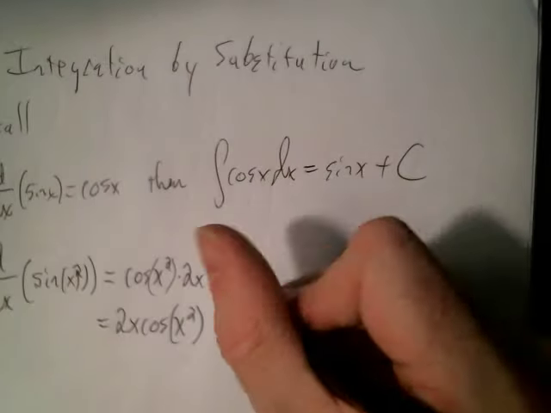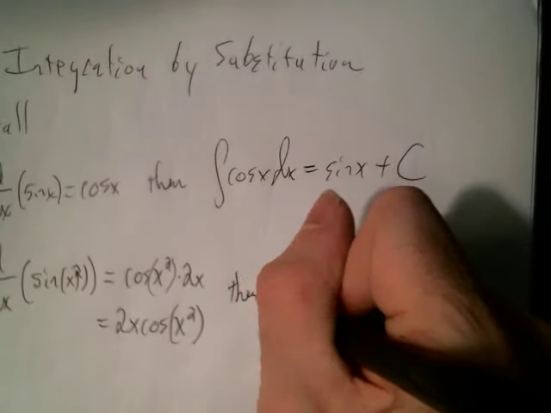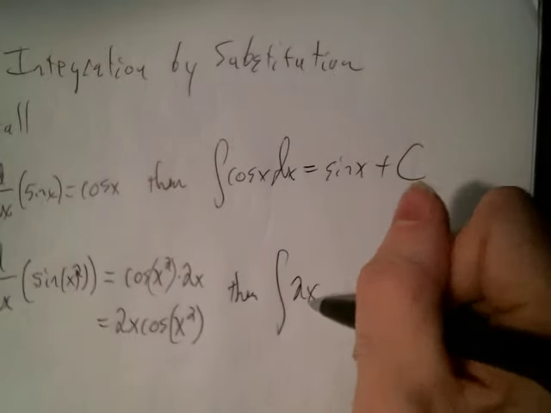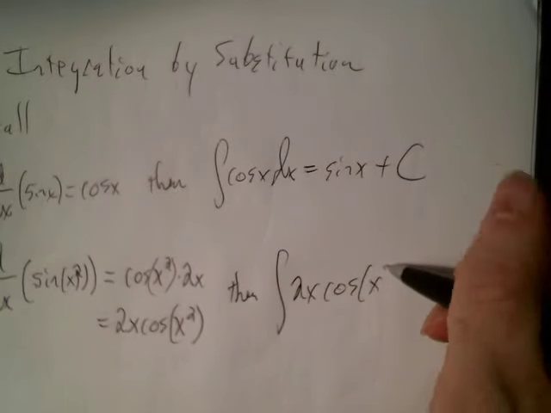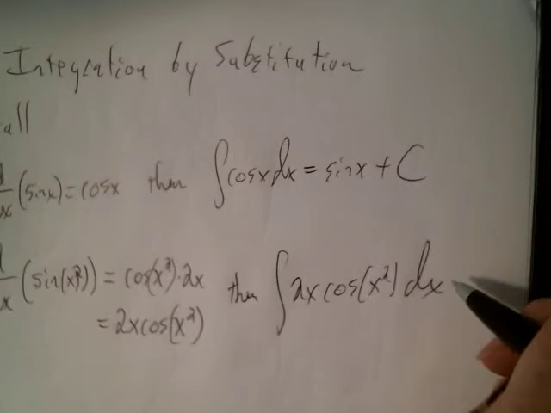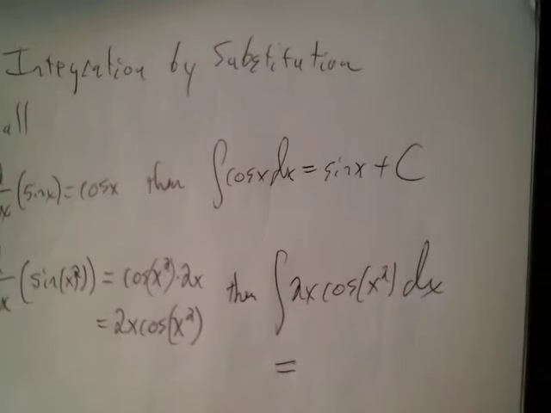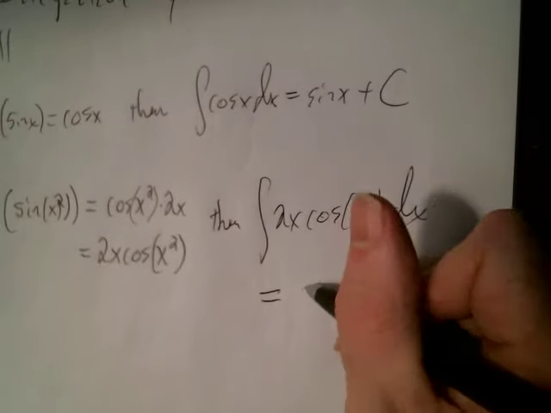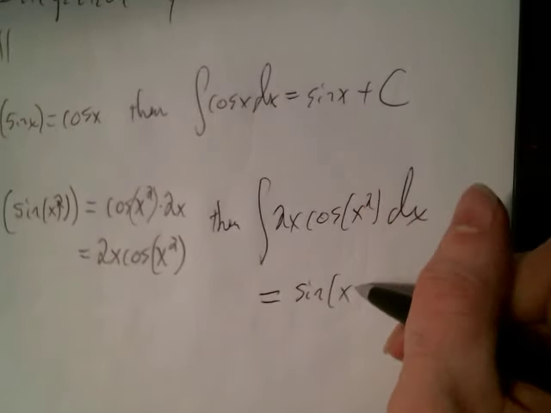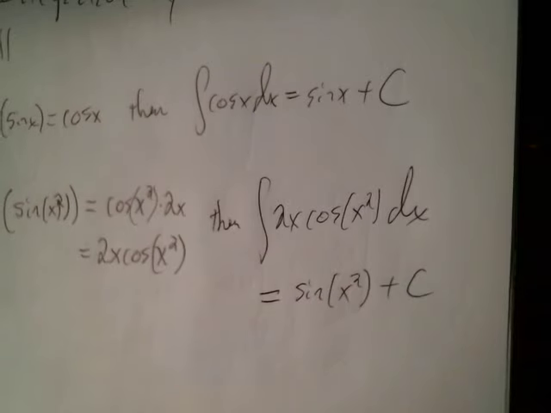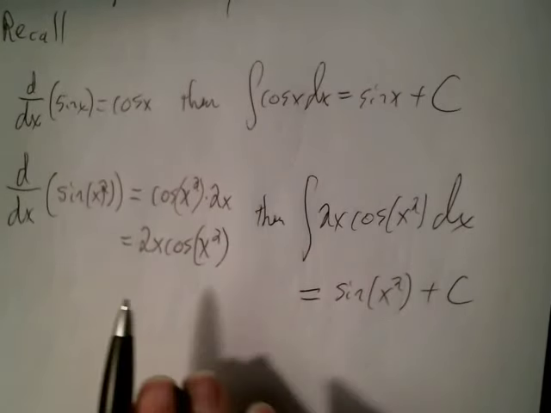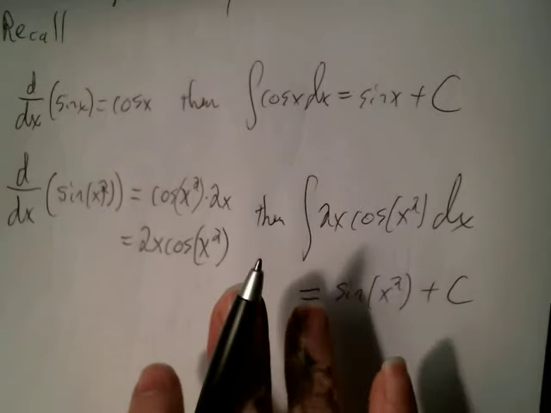So the corresponding rule, the integral of 2x cosine of x squared dx is equal to sine of x squared plus c.